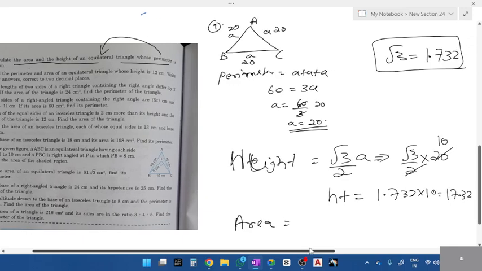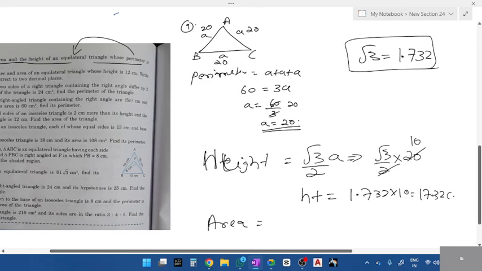The height is in centimeter, students. Next, area. Root 3 by 4 a square. So a square is given. How do I write a square? 20 into 20. Calculate this.